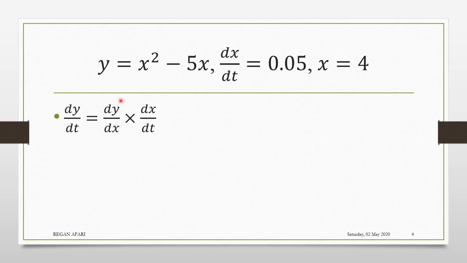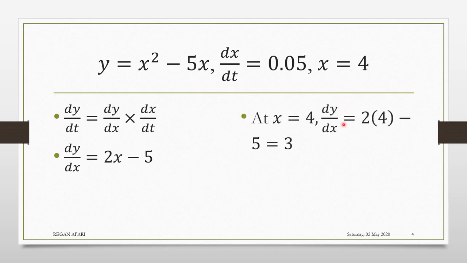So let's find it from the curve. When we differentiate, we have 2x minus 5. We need to find this gradient at x equals 4. So at x equals 4, dy/dx is 3. We put 3 here and 0.05 there.